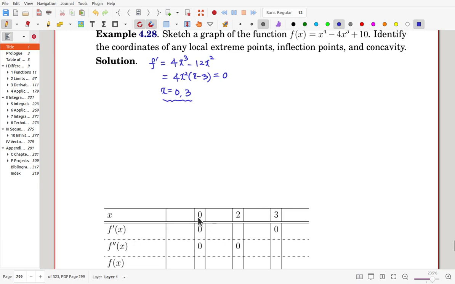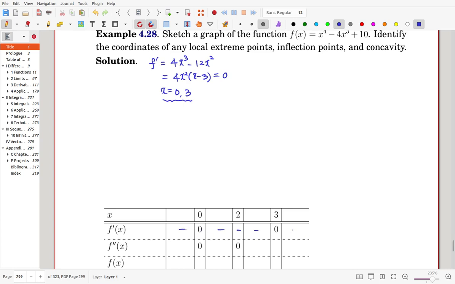Now at x equals 0 and x equals 3, f prime is 0. Now we can specify the sign here. If x is smaller than 3, then f prime is negative. Of course, negative, negative, 0 at a moment, and again negative.